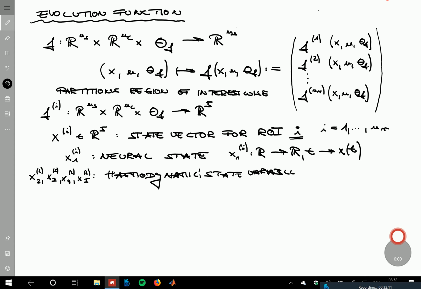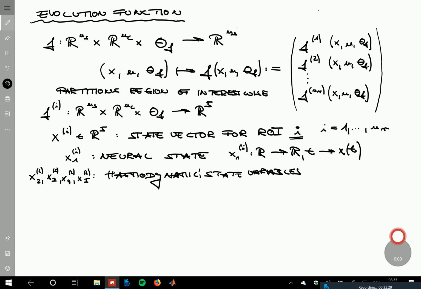So this, in a way, shows the origin of DCM as being derived from biophysical models, especially models for neurovascular coupling and hemodynamics.